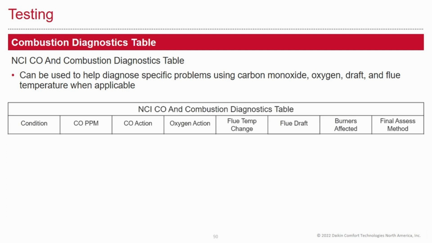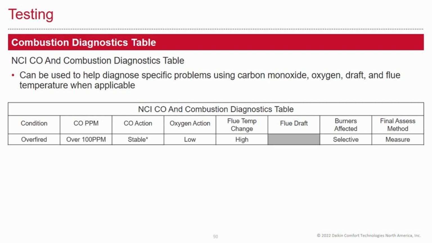The table takes into account the condition, and depending on the condition, you can diagnose problems by getting readings for carbon monoxide parts per million, carbon monoxide action, oxygen action, flue temperature change, flue draft, which burners are affected, and the final assessment method.